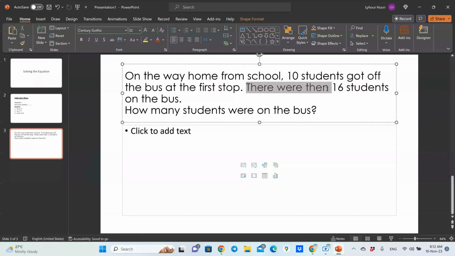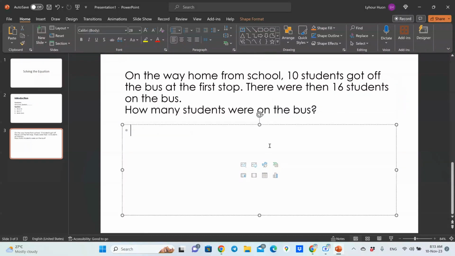There were then 16 students on the bus. 26. 26 is the correct answer, but how do you figure out the 26? 10 plus 16.